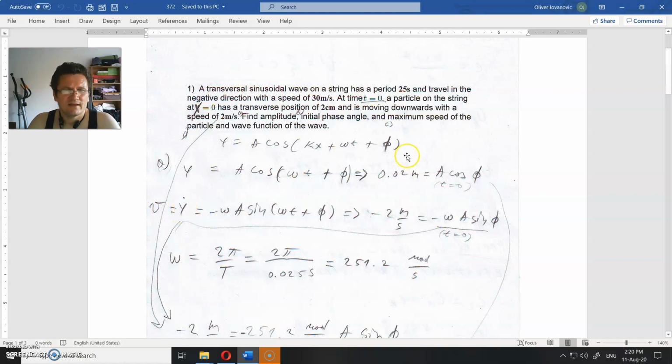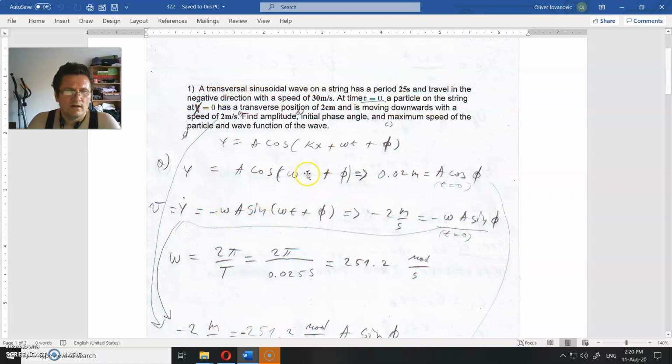Second equation, we have speed. Speed is this derived with respect of time. As you can see, derivation of cosine of omega t is omega sine omega t, but minus, of course.